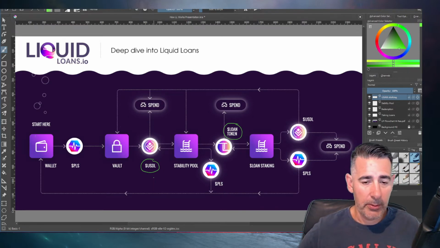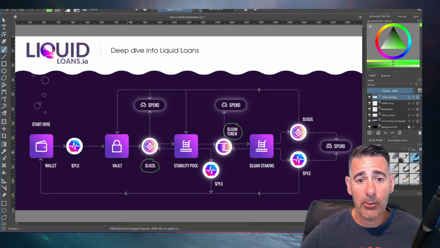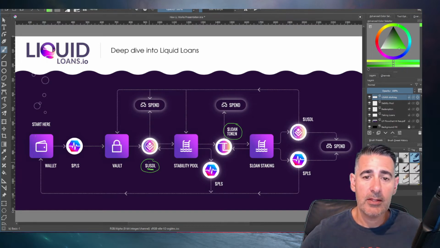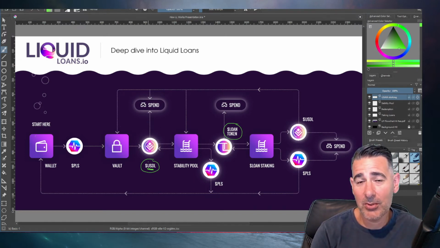Okay, so really important. In this system, we have USDL, and when you actually create a loan, you mint USDL. So we think this is going to be as important a feature as the actual lending feature. The lending feature is really important because it means you potentially never have to sell your Pulse, which is a massive tick.